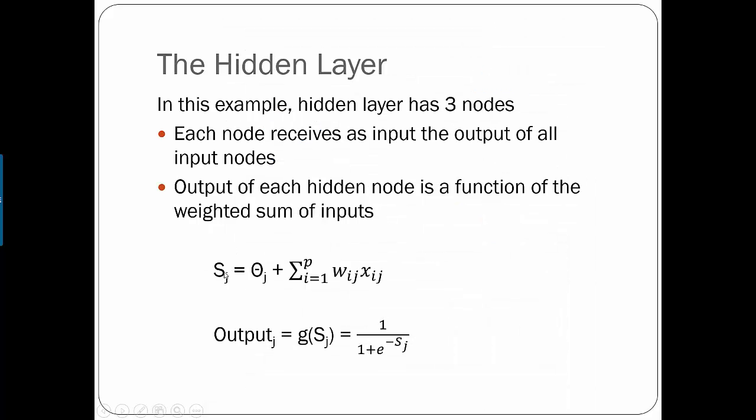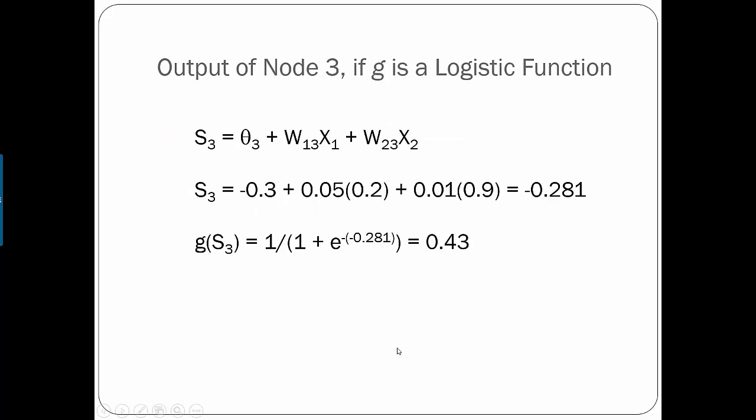So this is the formula. The S function is the bias plus each input predictor value times its weight, added all up, so you get the S value. Then you take the S value, and the output is g of S, which is 1 over 1 plus e to the power of minus S sub j.